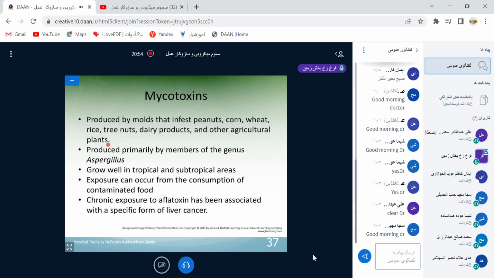So some fungi can live on our foods and make them contaminated with their toxins. So after eating and digesting these foods contaminated with mycotoxins, we can see the effect of those toxins on our cells, tissues, organs, and our body.